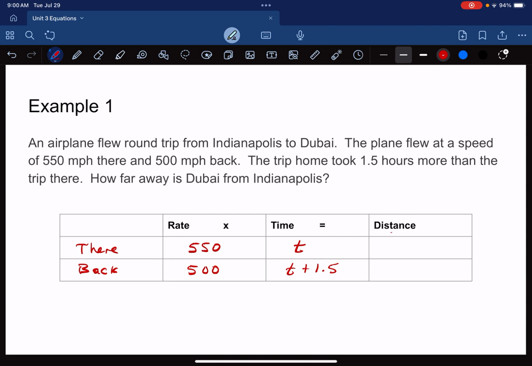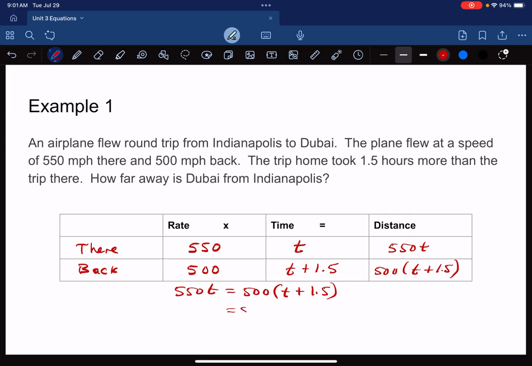And then the last column you're always going to get by multiplying. 550 times t is 550t, and then 500 times (t plus 1.5). Now your equation: this is a there and back, so what's true about the distances? They're going to be the same, so I'm going to write 550t equals 500(t plus 1.5).